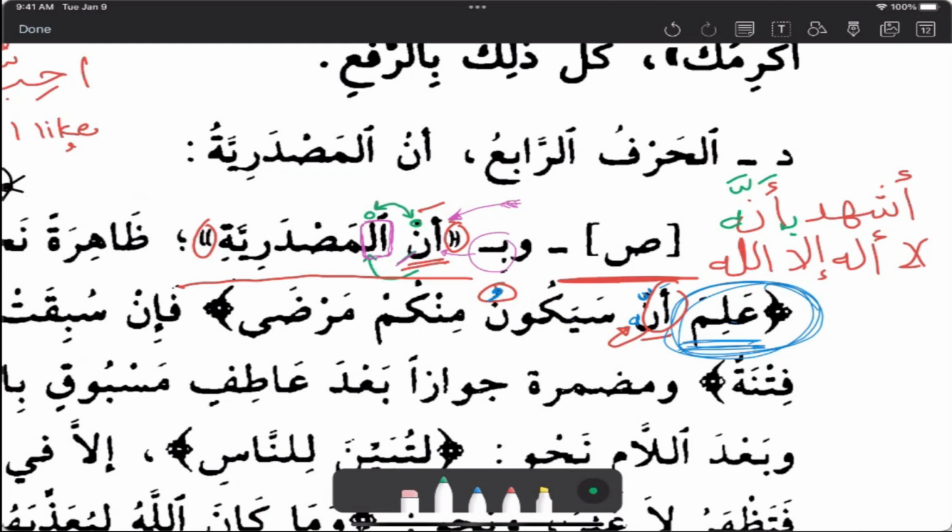So what happened there? The ba got omitted, the ha got omitted, and the noon got lightened. It was a doubled noon, mushaddada, or thaqila, heavy noon. It got lightened to a single noon, and the ha got omitted, and the ba got omitted. And so you say, ashhadu an la ilaha illallah. Here, alima an sayakun. The meaning is, alima annahu sayakunu.